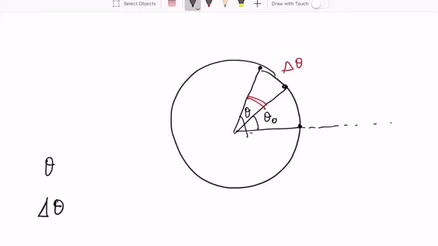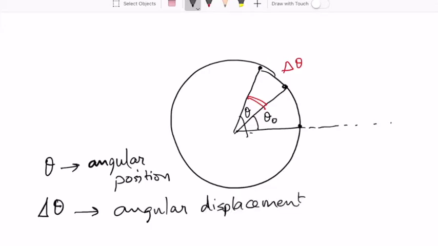So theta is the angular position and delta theta is the angular displacement. Remember when we talked about position and displacement in earlier chapters, the displacement was just the change in position, the final position minus the initial position. So here it's exactly the same thing. Delta theta is the angular displacement, and that is just theta final minus theta initial.